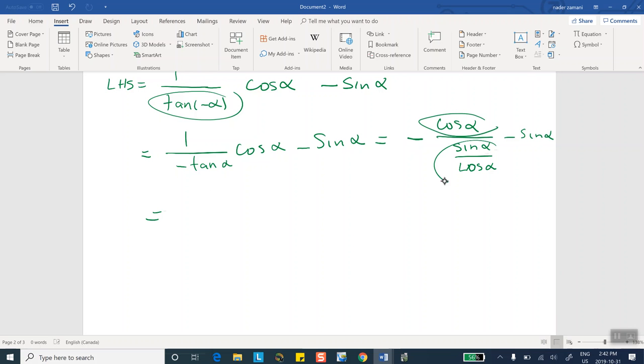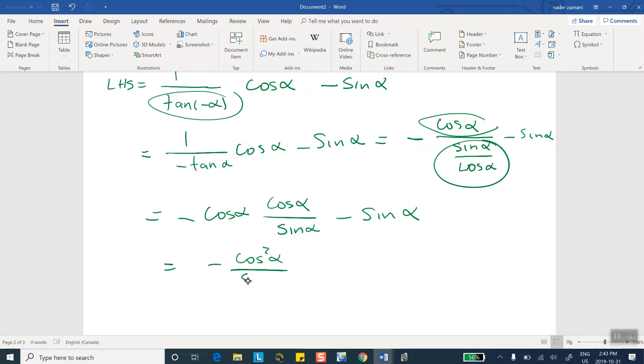So it's this thing divided by a fraction, so use the reciprocal of the fraction. Cosine of alpha times the reciprocal of the fraction. Very good. And this is equal to minus cosine squared alpha over sine of alpha minus sine of alpha.